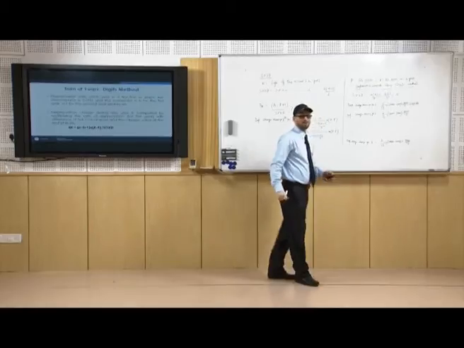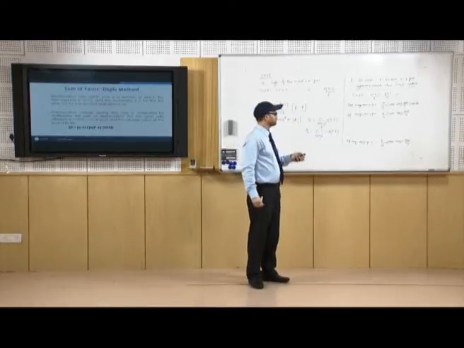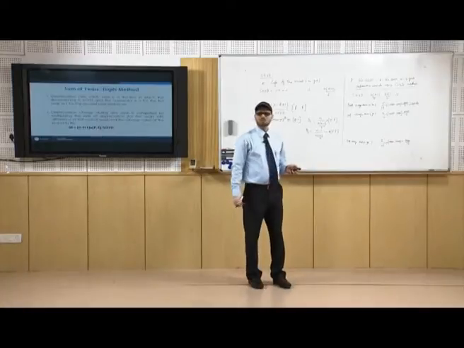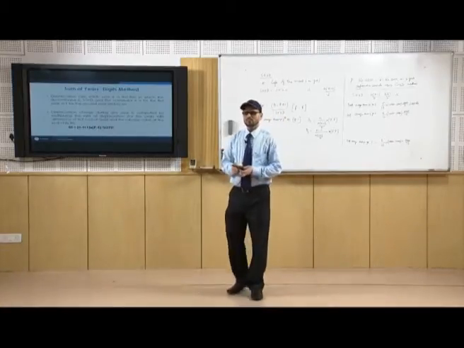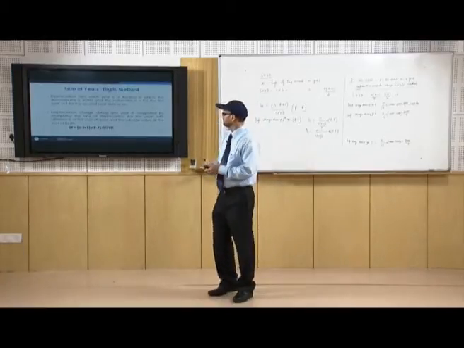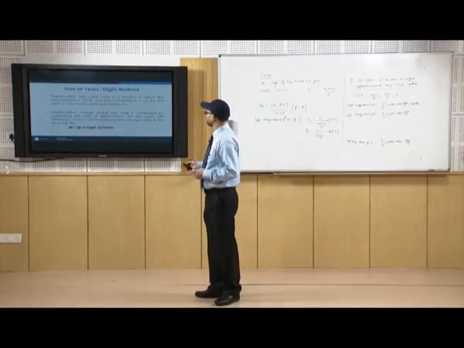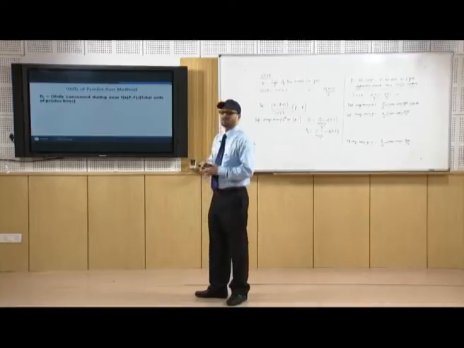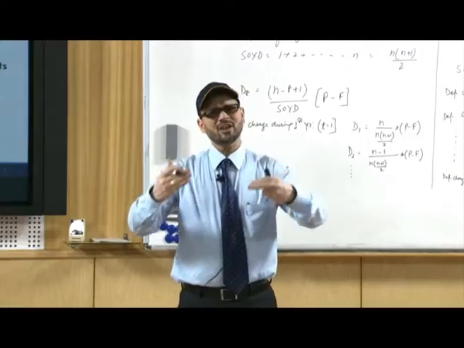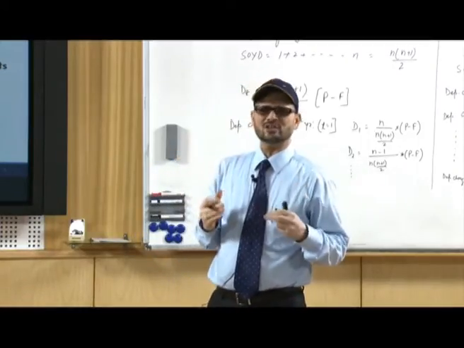So, this is how you calculate the depreciation charge for the SOYD method. We will have other methods of depreciation. The next method of depreciation is the units of production method. Many a time we buy a machine which has a certain capacity to produce.